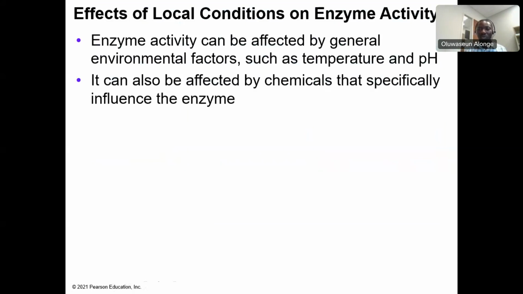So some of you that are currently doing the lab, you may have done the experiment when you use catalase and potato, and you were trying to check at what pH, and you use that to check substrate concentration. Then sometimes you use different temperatures to check the catalyst to see what temperature will produce the best results.